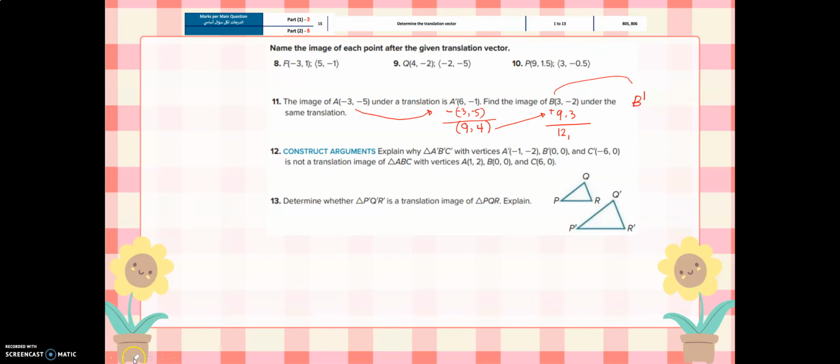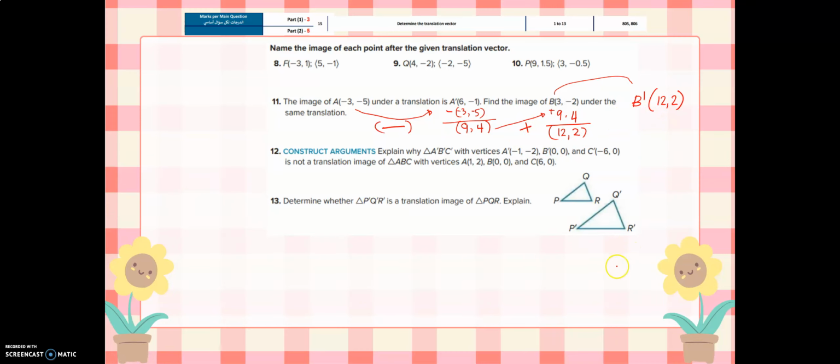Sorry for the mistake, let me erase it. This is 4 right here. Okay, so -2 plus 4 will be equal to 2. So your B prime will be (12, 2). Okay, so subtract first and then add it here. So this is how the flow will go.